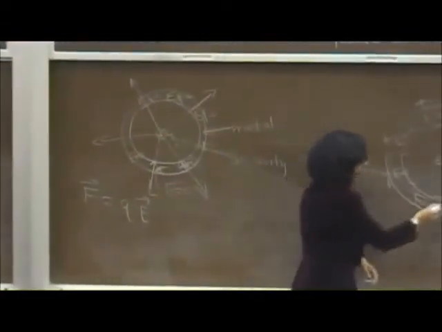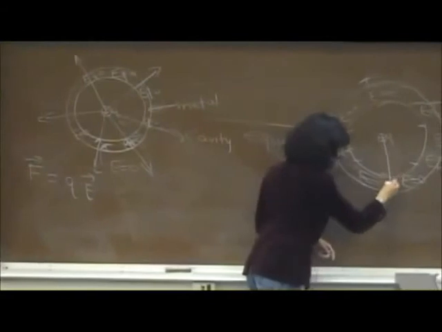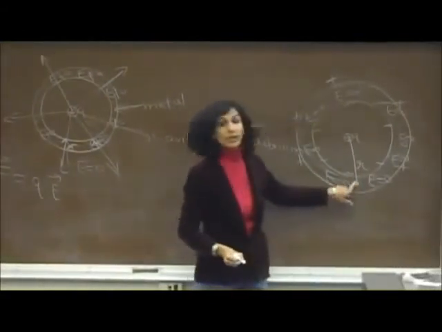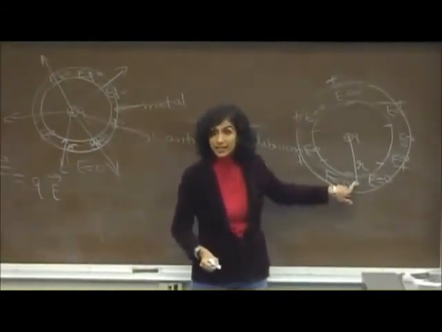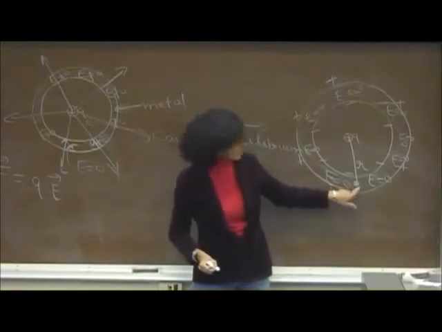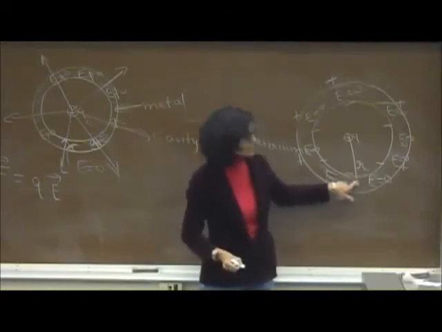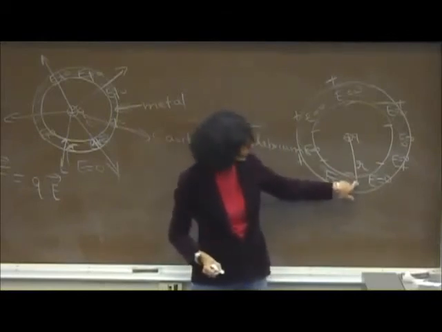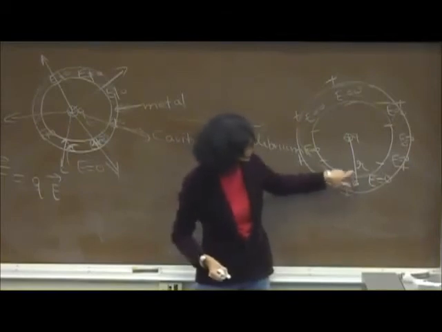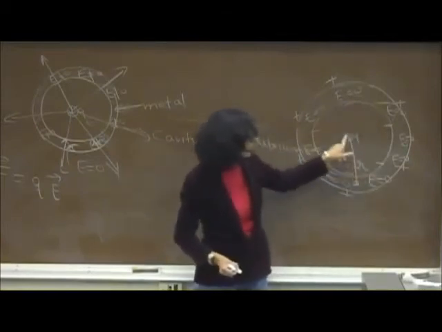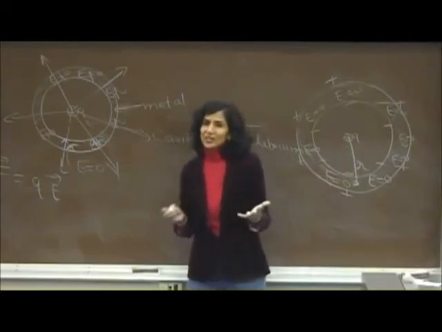So the only electric field that is produced, say for example, if I'm asking you, tell me what is the electric field at a distance r, and it better be 0, because this is a conductor, and in equilibrium it better be 0, because otherwise the free electrons in these regions will start feeling a force. The only way that electric field can be 0 is if the electric field due to all these negative charges and due to this positive charge cancel each other out.